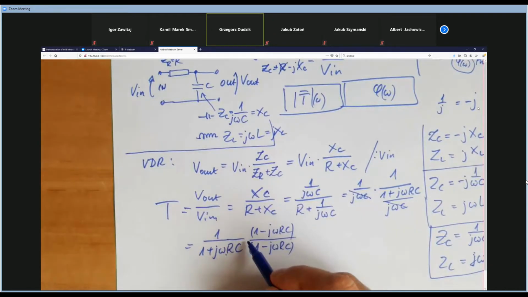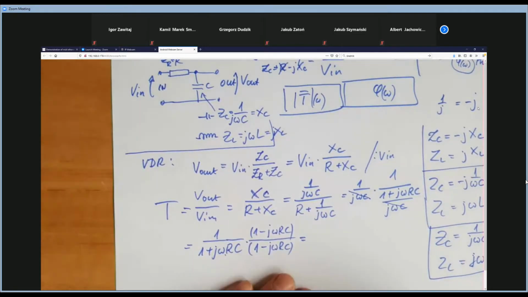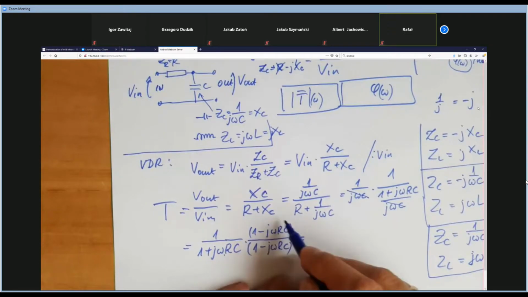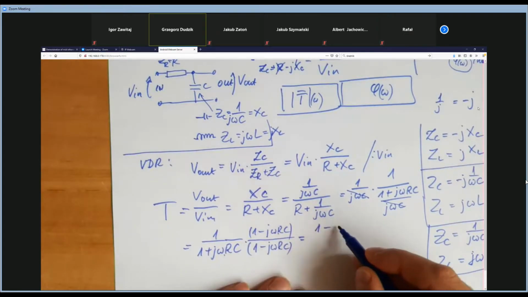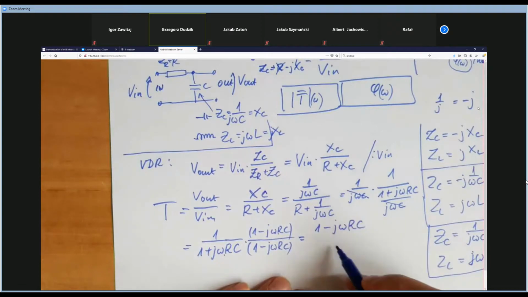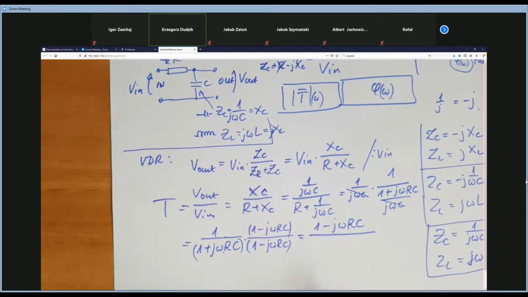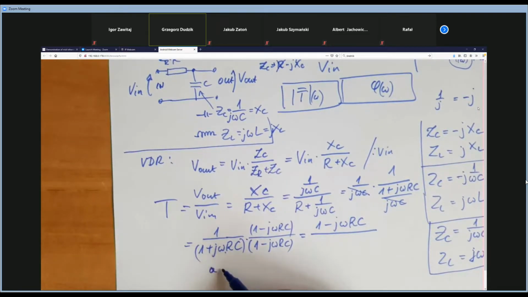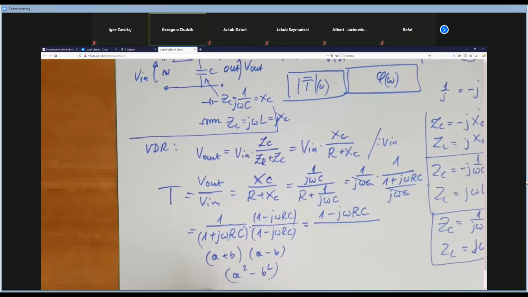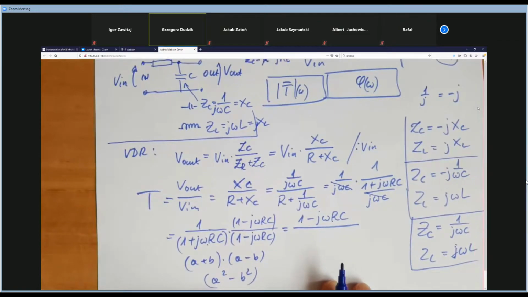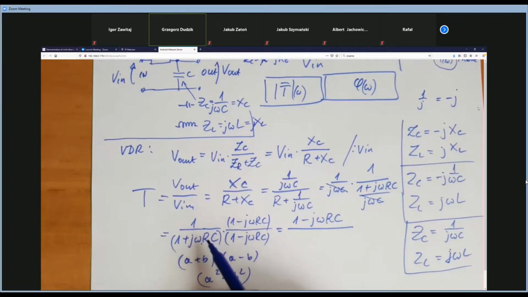In the numerator, we will have everything multiplied by 1, so this is 1 minus j omega RC. Over, and here, as you see, we've got the situation where we have a plus b times a minus b, so this is equal to a squared minus b squared. That's right.